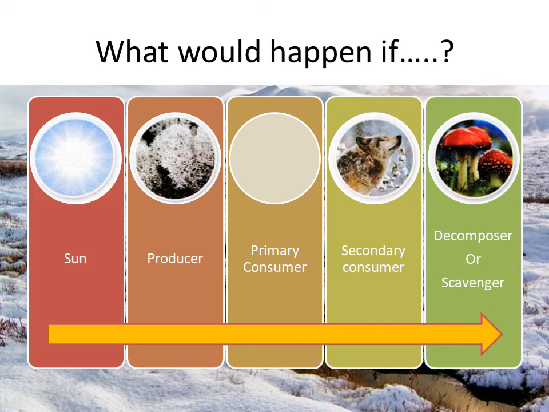What will happen to the reindeer moss? The reindeer moss will have no animal to eat them. So their population starts to get bigger and bigger, in such a way that it will not be healthy for the tundra environment. So remember, we should not break any chain of the food chain because all the organisms will be affected.